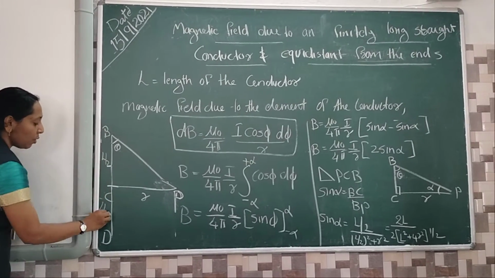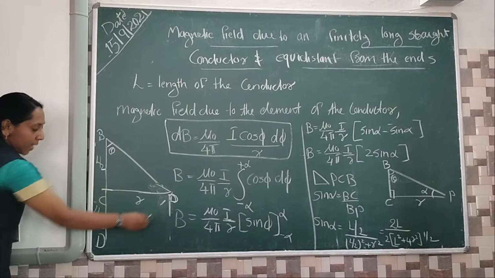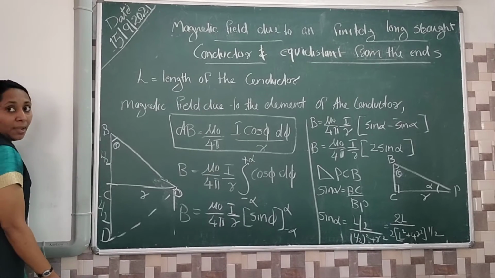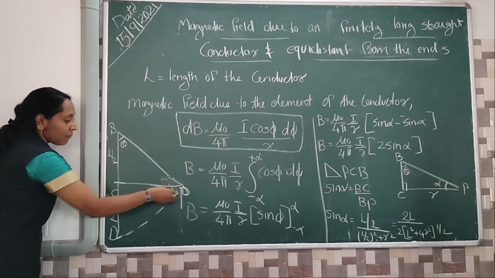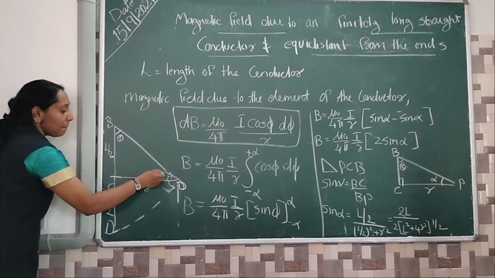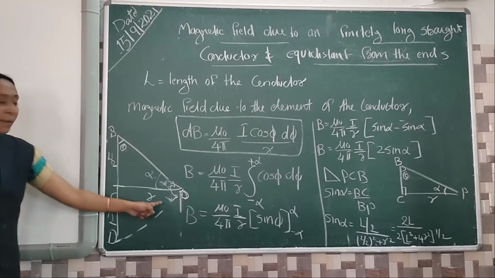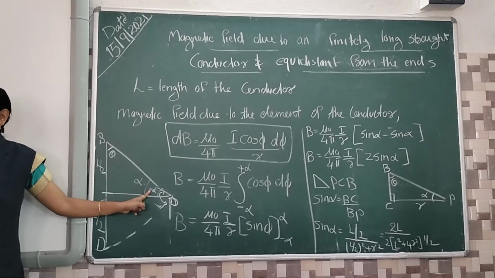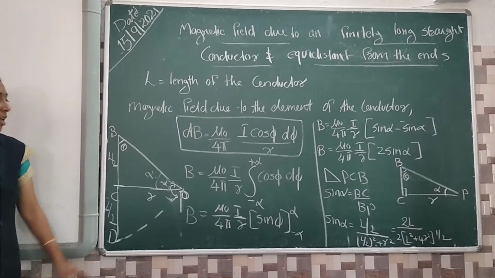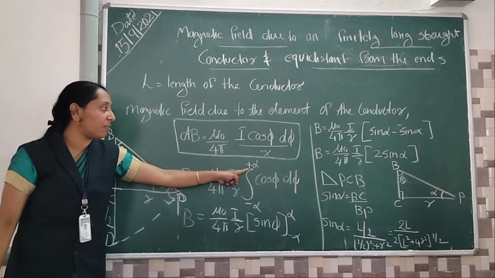This is also L by 2. Ending points I am joining like that. Okay. This is minus alpha. This is plus alpha. That means this angle is alpha. So limit is minus alpha to plus alpha. अभी समझ गया? Okay. So that's the reason minus alpha to plus alpha.